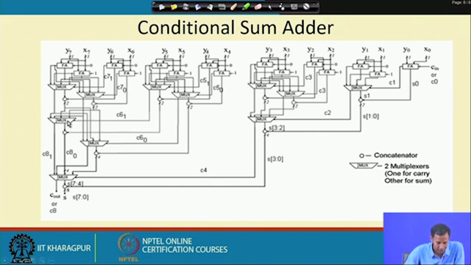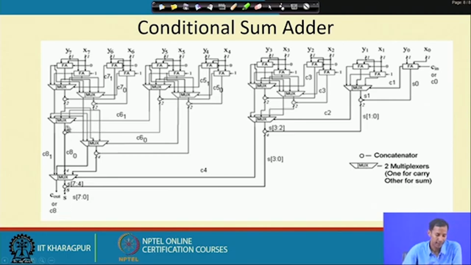Okay. Then again they will be selected based on the carry which is generated from this group, if I take this as a group. So, whatever carry is generated from this group will affect this. And then if I consider these 4 as a group, the carry generated from these 4 will come into effect at this final multiplexer stage.